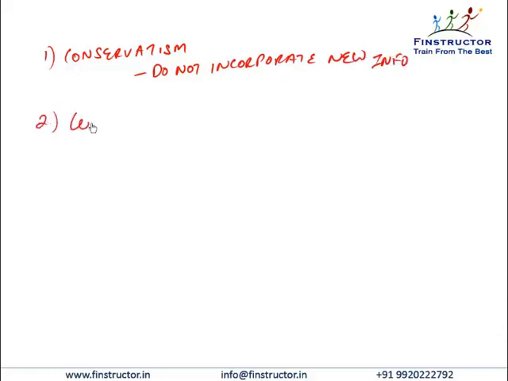The second was called confirmation. Confirmation says that investors go out and actively only seek confirming evidence. They even distort information so as to conform to their views.